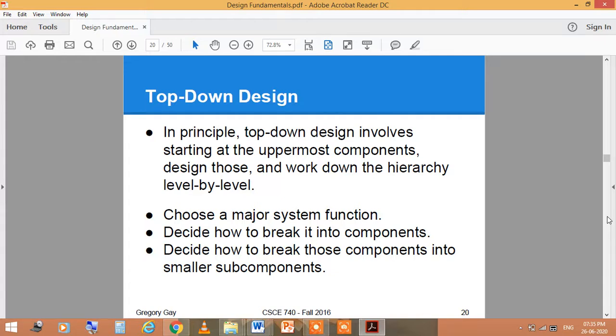Now top-down design involves starting at the uppermost components, designing those and working down the hierarchy level by level. You choose major system functions, decide how to break them into components, and decide how to break those components into smaller subcomponents.